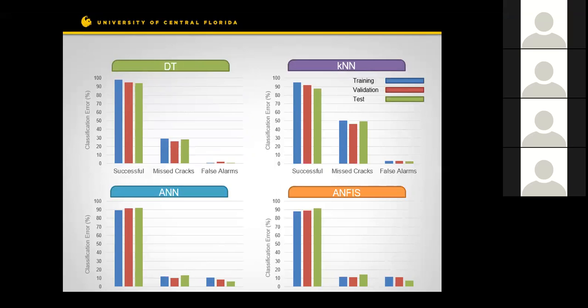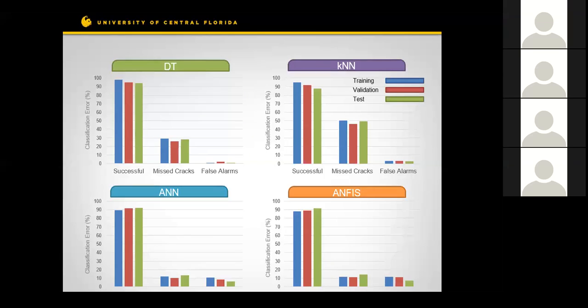No, I understand, but looking at the success rates, which is the first three columns, it looks like the green, which is the test data set, had slightly higher successful classifications than both the training and the validation data sets. For ANN and ANFIS, right?